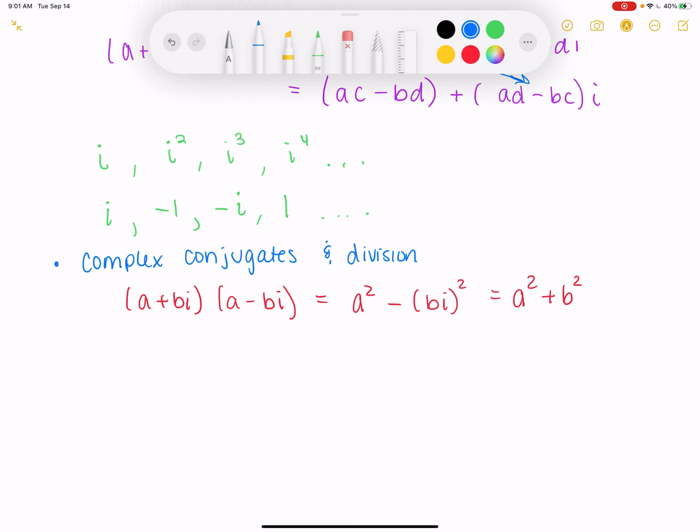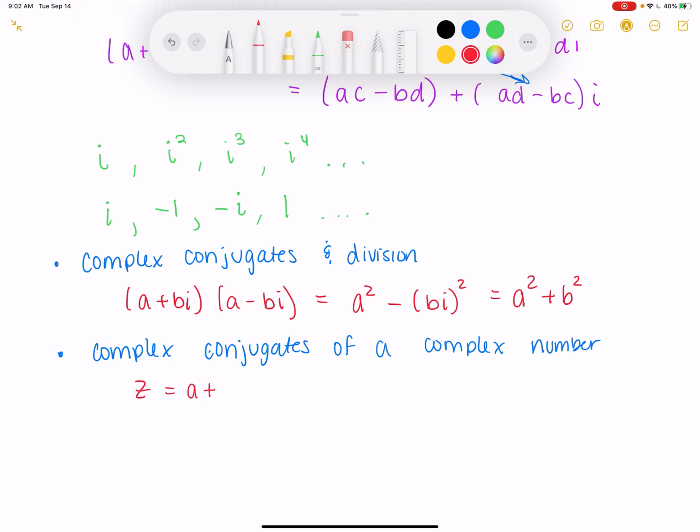Complex conjugates. The complex conjugate of a complex number z equals a plus bi is, okay, that little line above the z is symbolizing that we're dealing with a conjugate.